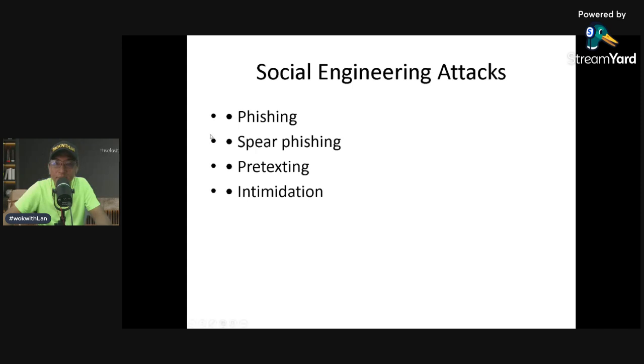The third one is pretexting. What does it mean by pretexting? It means pretending to be someone in authority. So if a threat actor threatens to contact your boss unless you comply, this is intimidation, not authority.